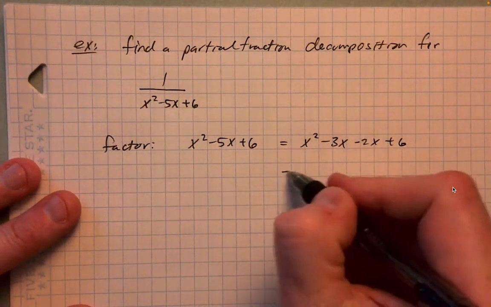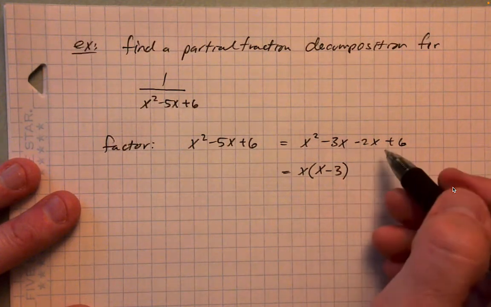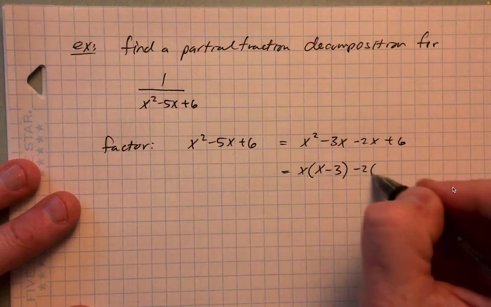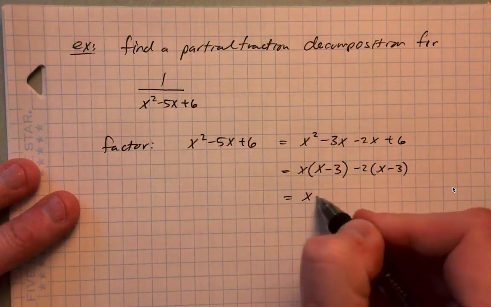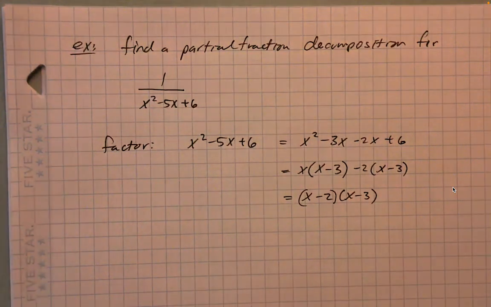You factor an x out of the first one, and you get x times x minus 3. Then for the second one, you can factor out a minus 2, and you get x minus 3 again. So that means you've got x minus 2 times x minus 3. Those are your factors. So this thing factors 100% down into just these 2 linear factors.